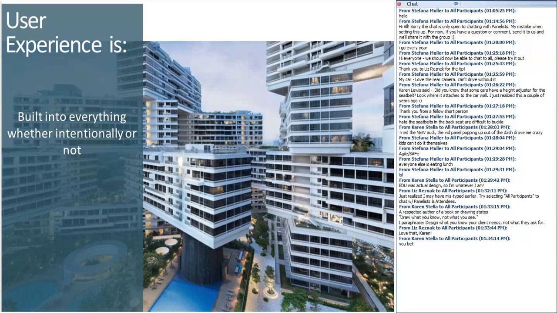My question was, user experience is built into everything, whether intentionally or not. I'm not sure how easy it would be to find somebody who lived here. So if somebody invited me to their apartment and said, yes, I live in whatever the name of this complex is, how would you tell me even where to go?